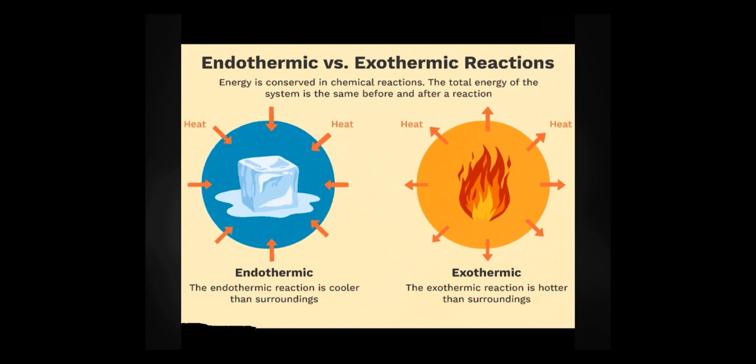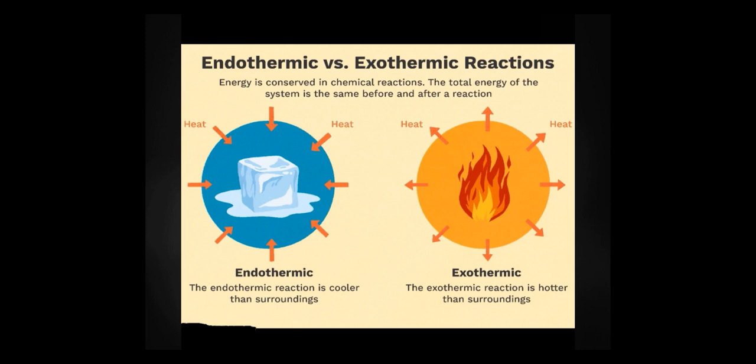It is represented in the form reactants plus energy gives product. A chemical reaction which is accompanied by the absorption of heat is called an endothermic reaction. In an endothermic system, the enthalpy of the reactant is less than the enthalpy of the product, and therefore the change in enthalpy is positive.